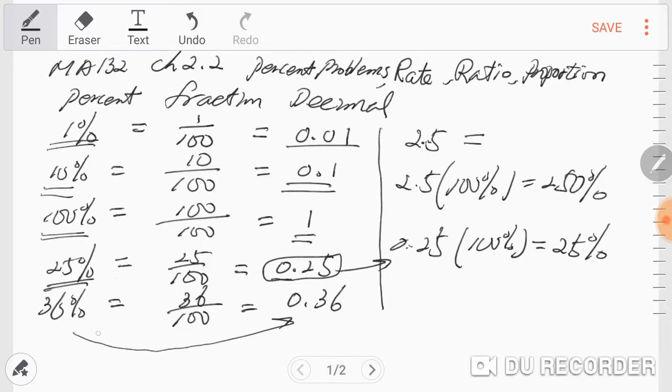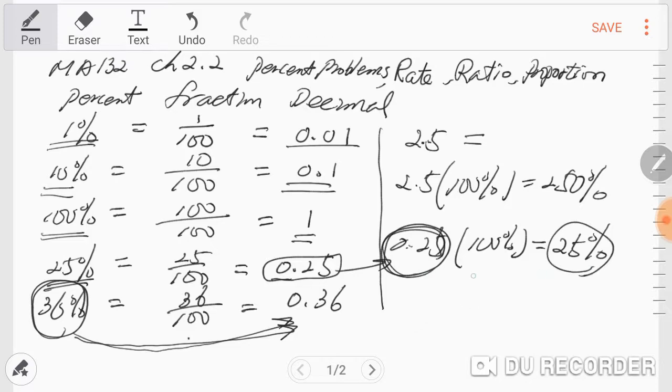So converting from percent into decimal, divide the percent by 100. Converting decimal to a percent, multiply the decimal by 100. Then it becomes percent.